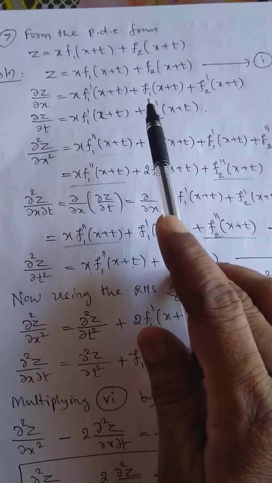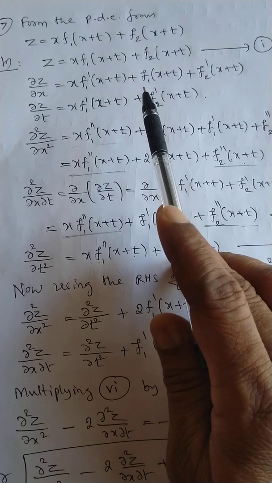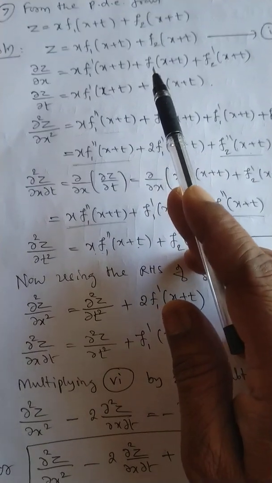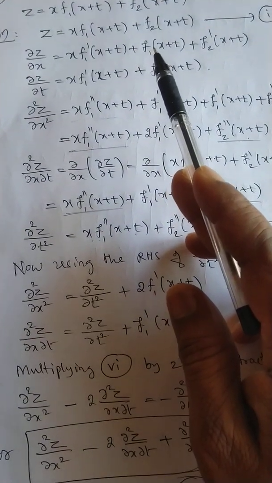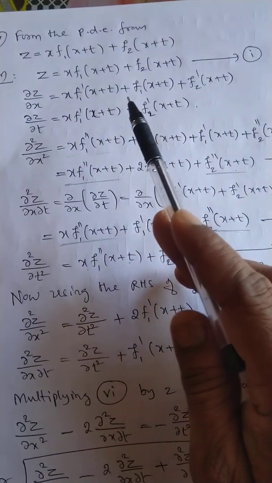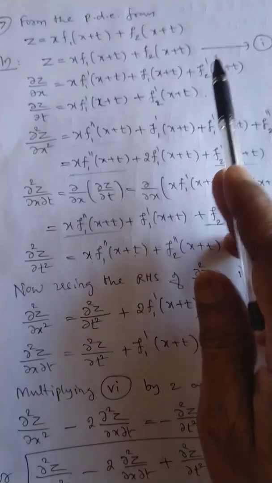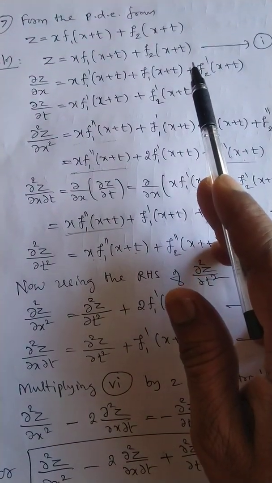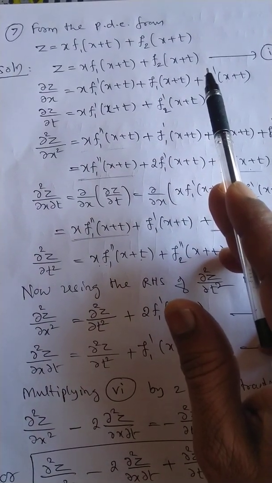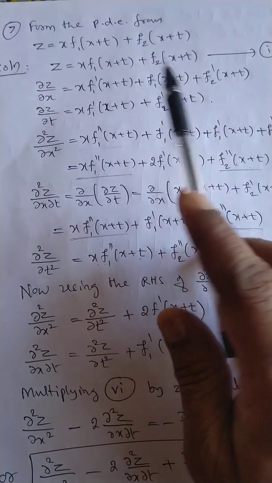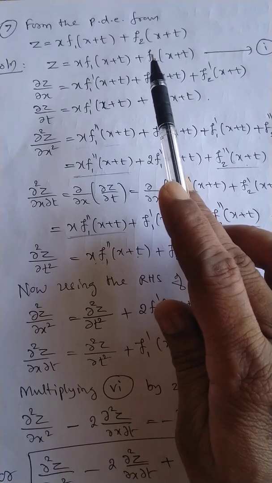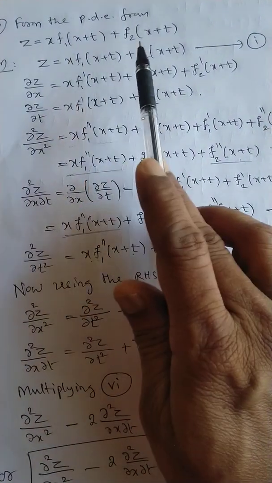Okay, so by the method of formation of partial differential equations, if we are to form the partial differential equation by the elimination of arbitrary functions, we count the number of arbitrary functions.